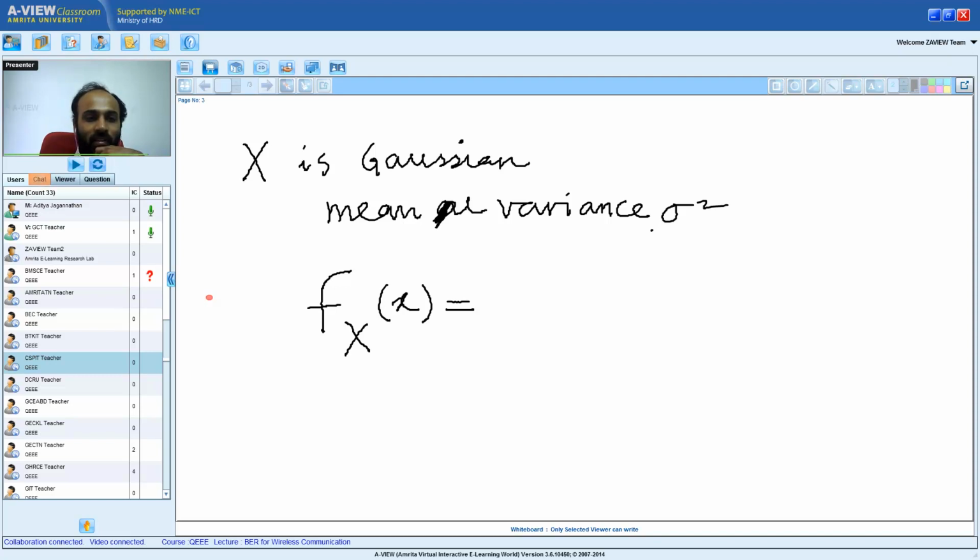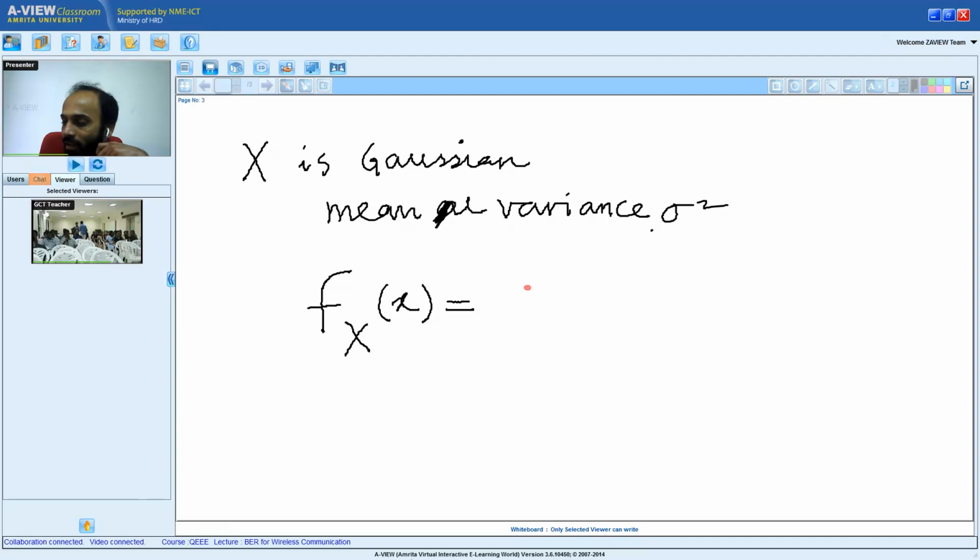So students here, are they familiar with the Gaussian distribution? Can someone tell me what the Gaussian distribution is? Start with 1 by sigma root 2 pi.